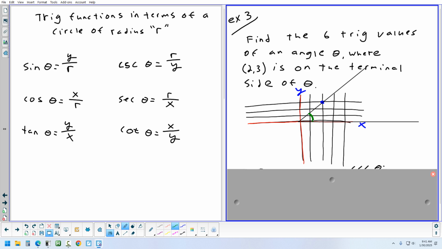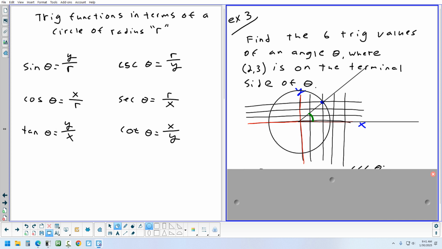In order to do right triangle trig, what shape do we have to create out of that? Yeah, right triangle. We need to make a right triangle. So let's think of it just like you would if that point was on a circle.